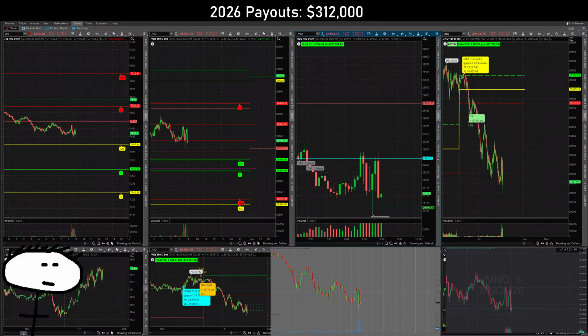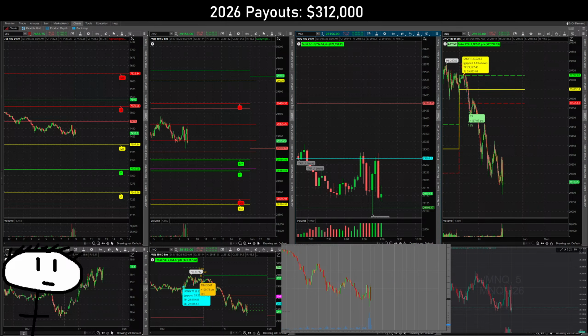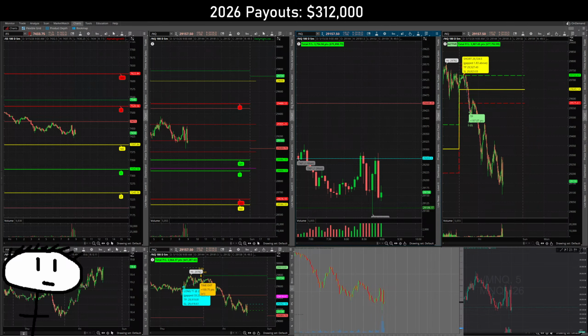I'll replace this one with it, and then I'll move my top step like this.